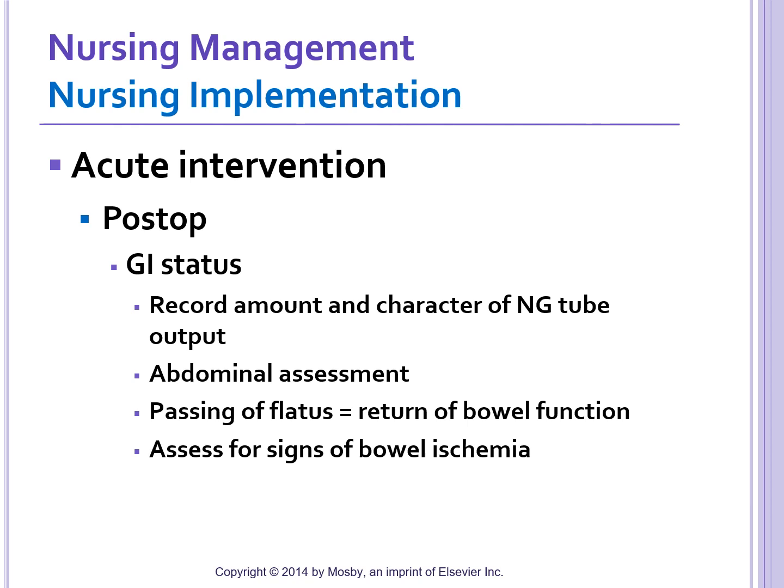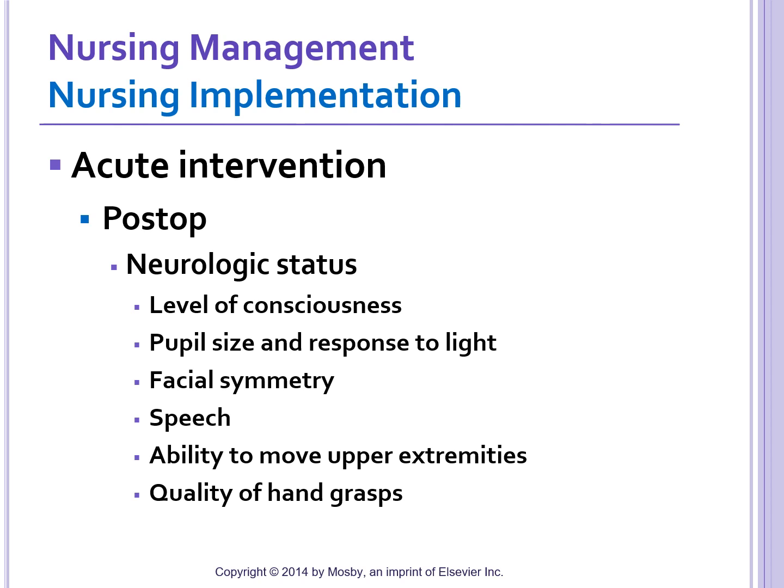Also comparing our neurological and neurovascular assessment with our pre-op data to assess for any neurological changes that could happen in surgery, or vascular changes that can happen because of the emboli. So assessing for all of those.